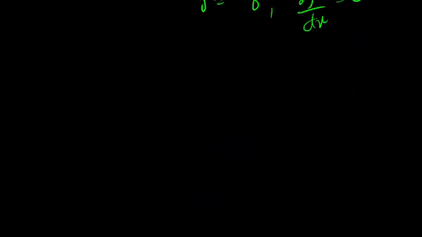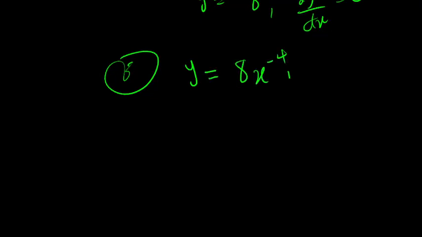So number 5, let me combine. Let me conclude the first one by combining these together. So let's see, y is equal to 8x raised to power minus 4 plus 7x raised to power minus 2 plus 6x raised to power 4 plus 7.